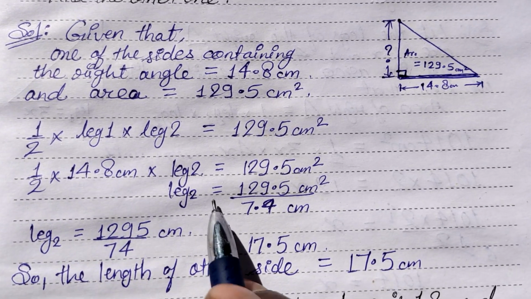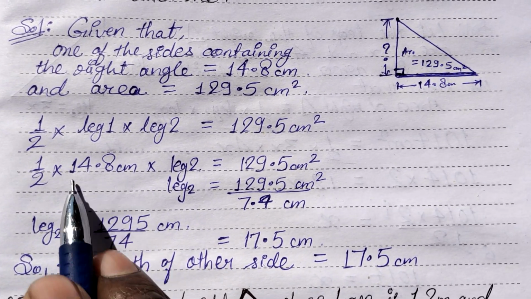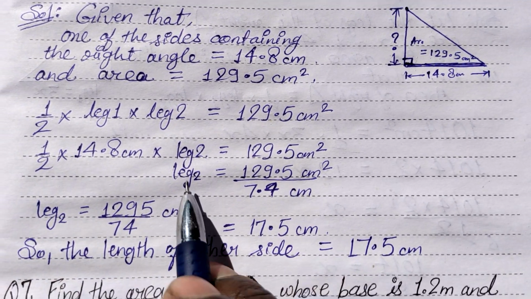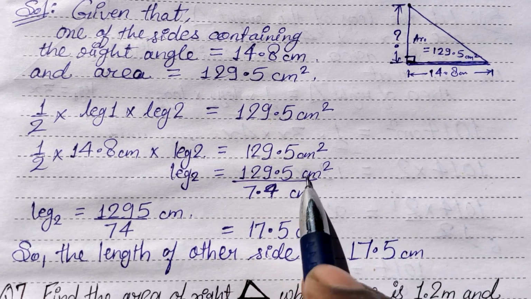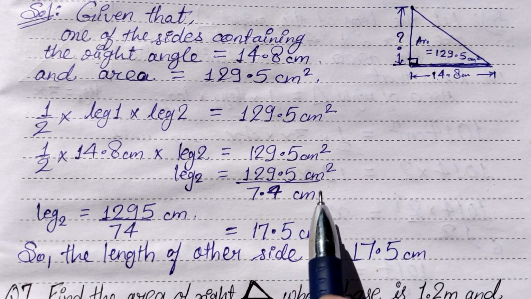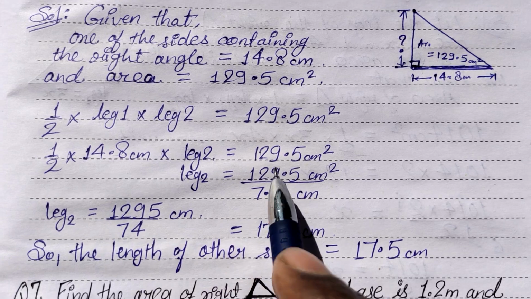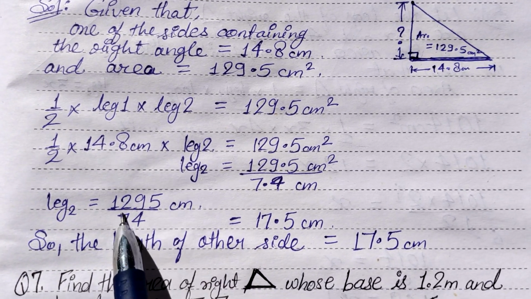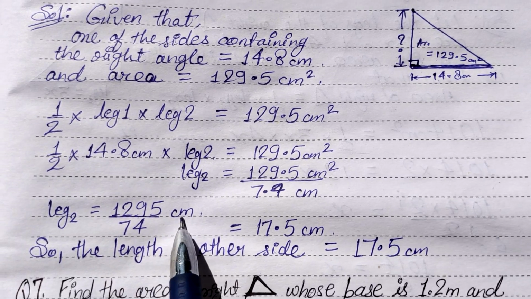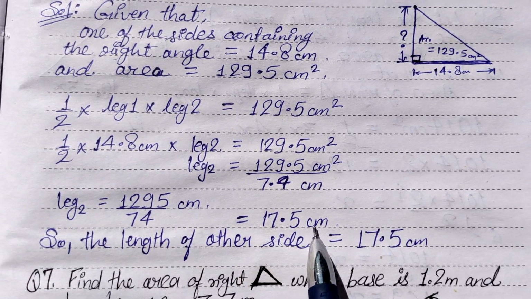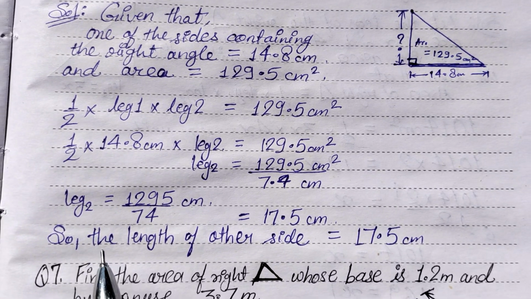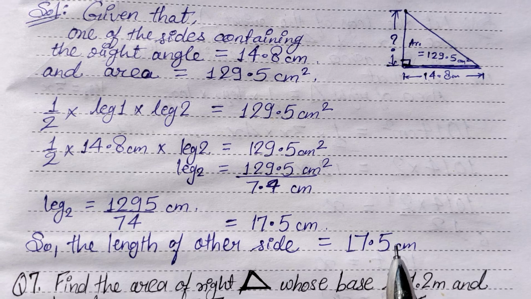Calculating this, we have 14.8 divided by 2. Now transferring this to the right side, we have leg 2 is equal to 129.5 divided by 7.4 centimeter. Now calculating this, we have leg 2 is equal to 1295 divided by 74 centimeter. We have 17.5 centimeter, the length of the other leg, or say the length of the other side.